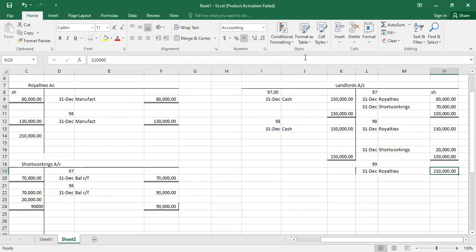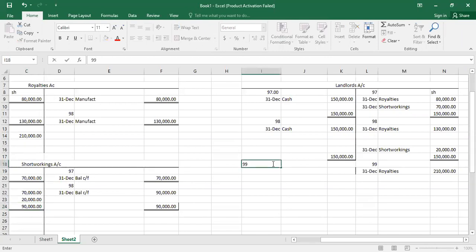So initially we were debiting the short workings and crediting the landlords, isn't it? So to recoup our short workings, we are supposed to debit the landlords and credit the short workings account. We're in the year 1999.